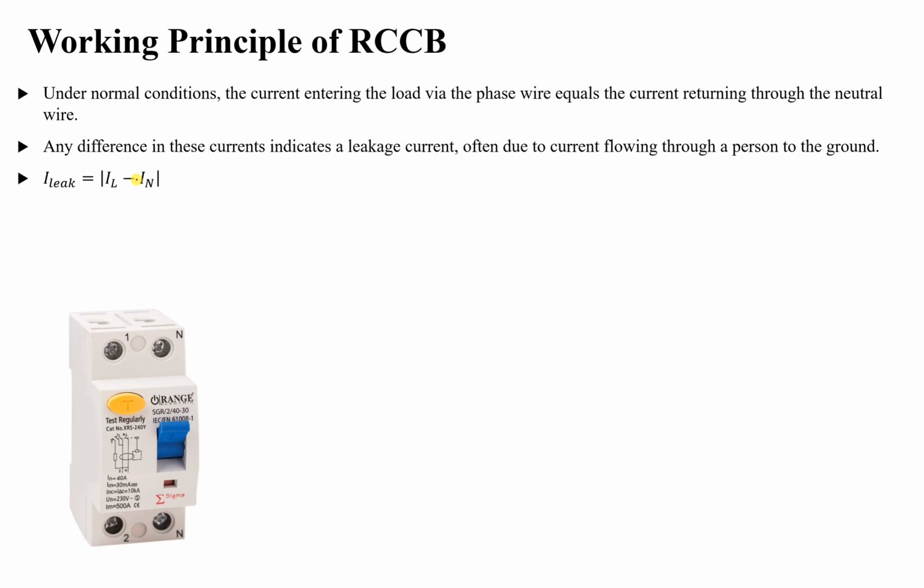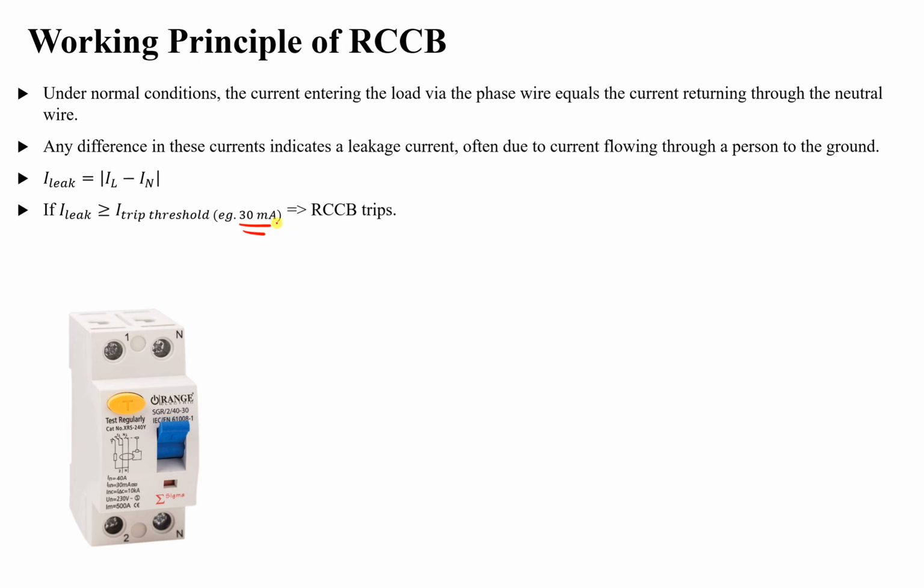So I leakage, which activates our circuit breaker, is equal to I line minus I neutral, the current entering minus the current returning back. Now, if this current as an absolute value is greater than or equal to the trip threshold, this threshold is the minimum current at which this circuit breaker will be activated. As an example, 30 milliamperes.